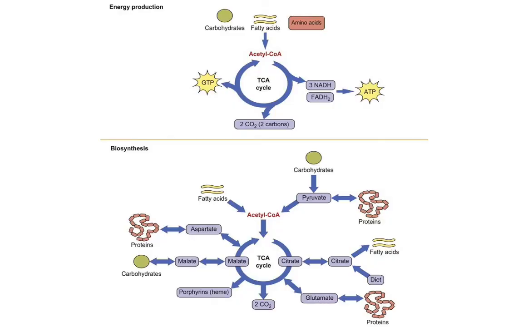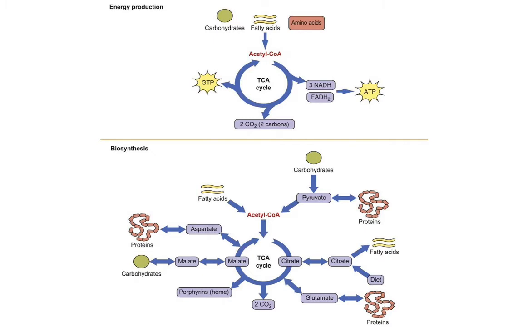Okay, so back to the original diagrams here. Again, when we look at the energy diagram at the top, what we see again, we're feeding acetyl-CoA into the TCA cycle, and that can come from carbohydrates, fatty acids, or amino acids.